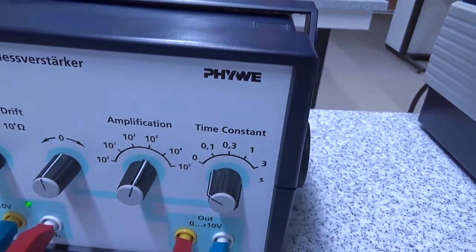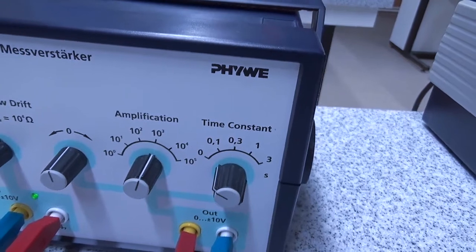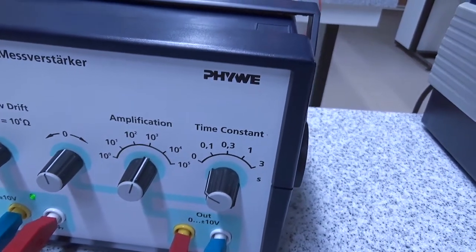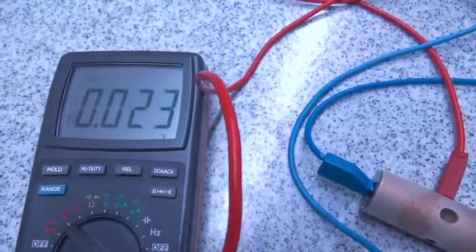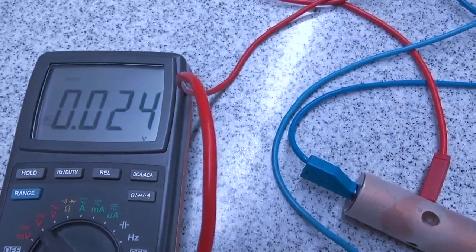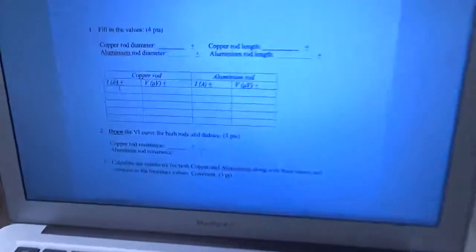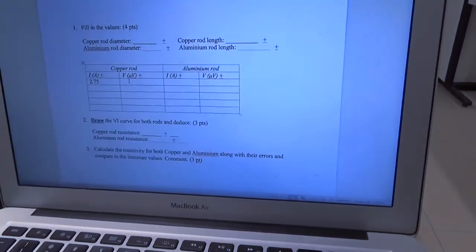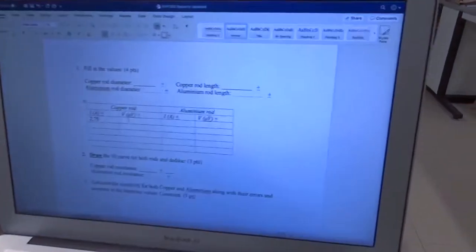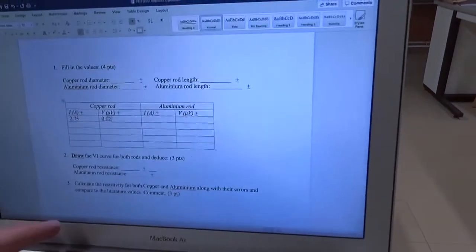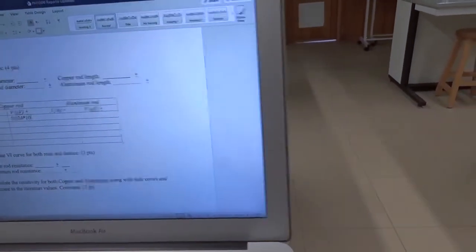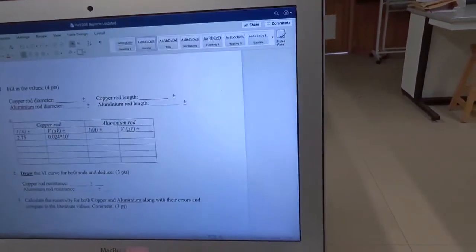So over here, we are only magnifying the voltage and we are not tampering with the intensity or with the current. Therefore, you are going to be dividing that value that you are reading over here by 10 to power 3. So in that first row, let's say you are recording a value for the current of 2.75 amps. Over here for the voltage, the value is going to be 0.024 volts multiplied by 10 to the negative 3.